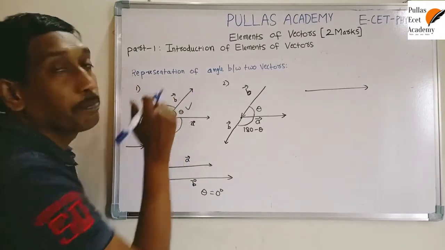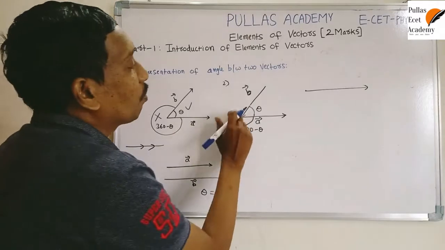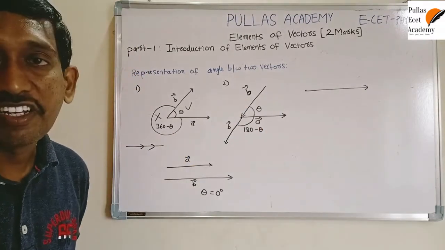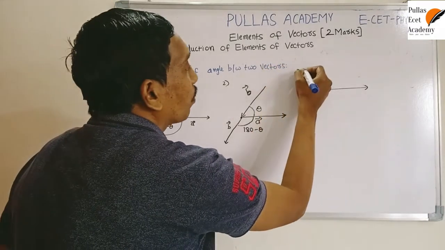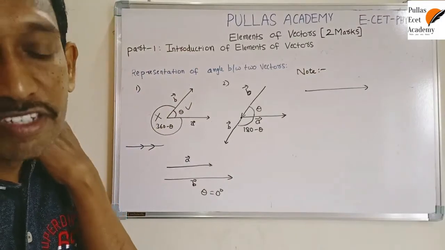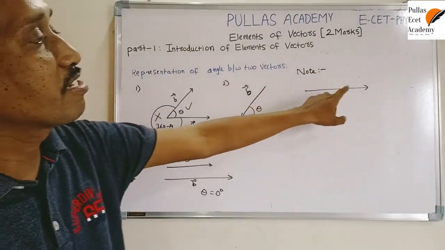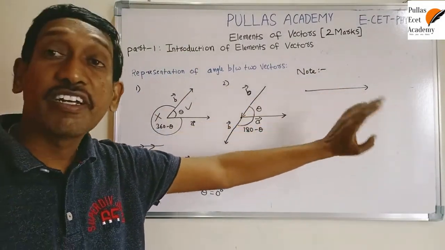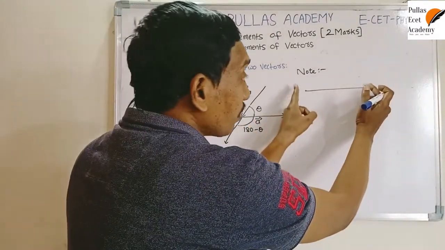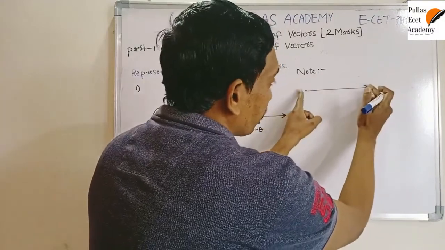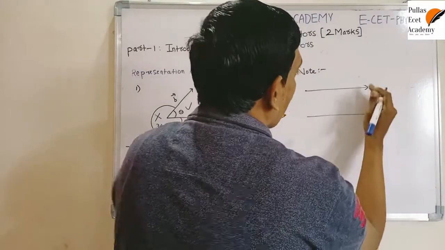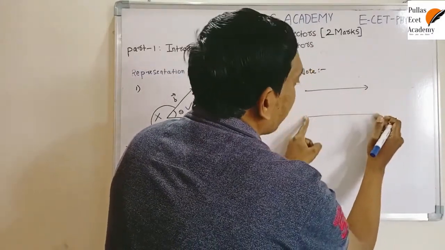Here is one point for representation of angle: when the vector changes and when it does not change. The point is translation of a vector. Suppose this is one vector, and it is slid parallel to itself to here.